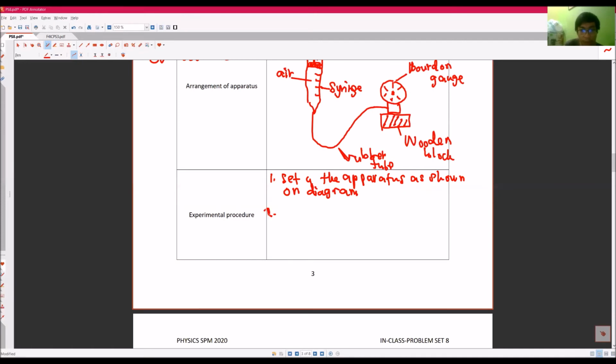Number 2, we have to control the manipulated variable, so push the piston downwards by using the block for 50 centimeter cube of volume.